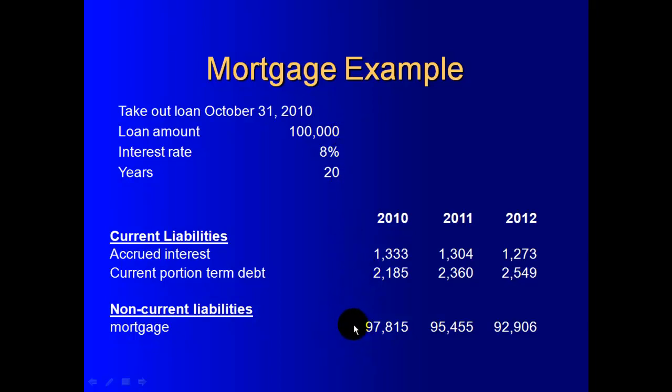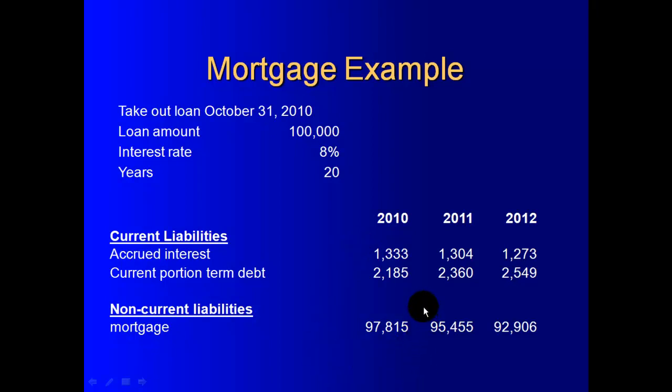And then the non-current liability for the mortgage is the part that we would be paying off beyond the next 12 months. So since we just took out this loan in October, at the end of the year at the balance sheet, this $21,885 plus the $97,815, these two should add up to the total of $100,000 which we owe, because we owe the whole $100,000 plus the interest that we've incurred.